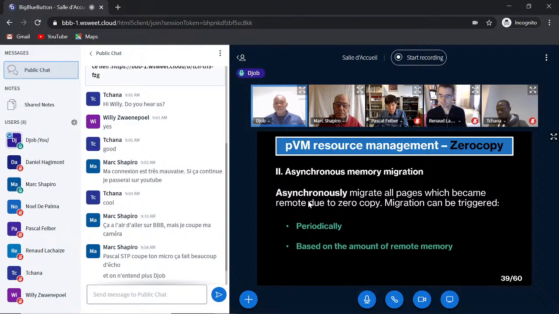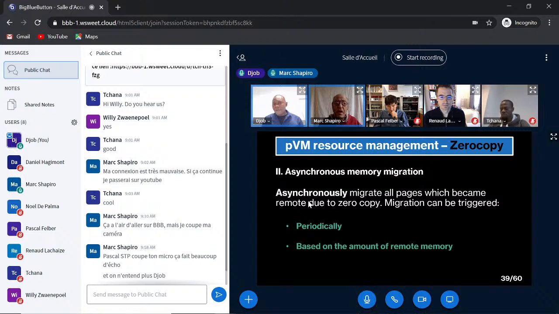The virtual machine is only on a particular NUMA node at the start, and then with zero copy and everything that is happening, some of its memory is now remote. So what we do is asynchronously copy them, or asynchronously put them back to where they were.